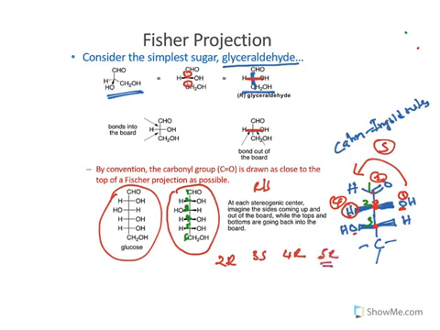So the trick here that you can employ is, if you draw the compound properly with the carbonyl being at the top, and you label the OHs exactly where they're supposed to be for the specific sugar, then if OH is on the right, that is going to be an R configuration. If OH is on the left, then that is going to be an S configuration.